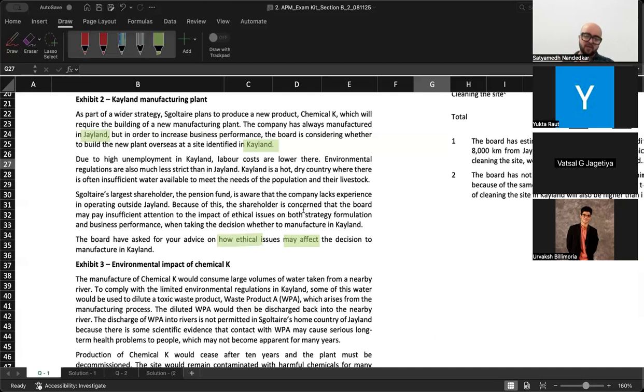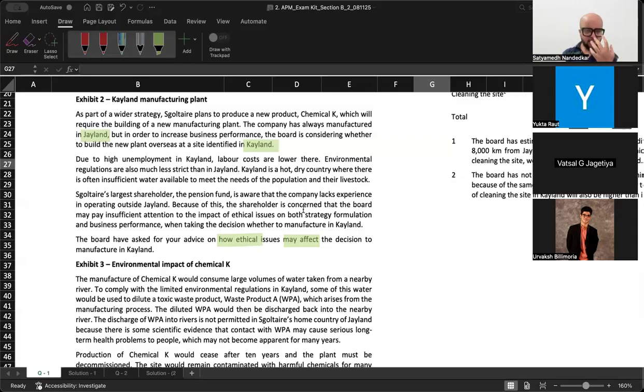Now in face of that situation, you are releasing, because in your country the environmental regulations are stricter. In Kayland environmental regulations are less strict. So what are you doing? You are going to release that water, contaminated water, into the river. Okay. So that is going to harm the local population. It will have an impact on the plants and animals also.